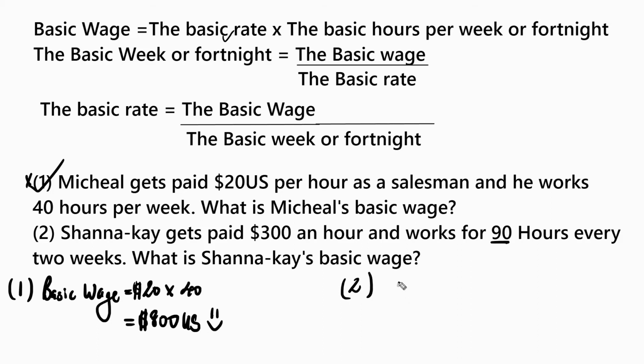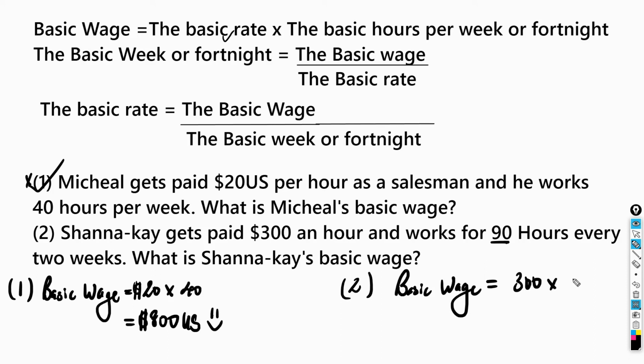Okay, so the basic wage is equal to $300 per hour multiplied by the 90 hours, okay, for the 2 weeks. So 3 nines actually 27, so it's actually $27,000 every 2 weeks. All right.